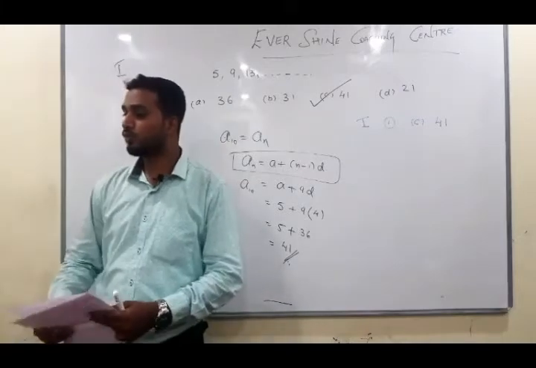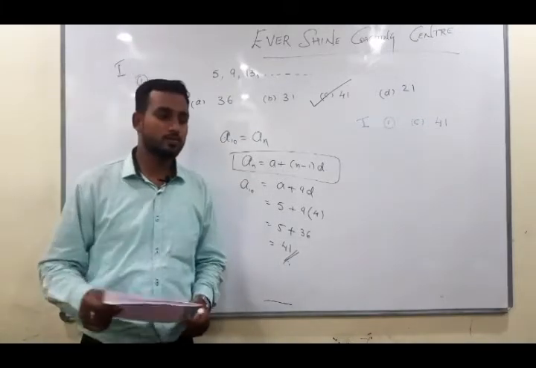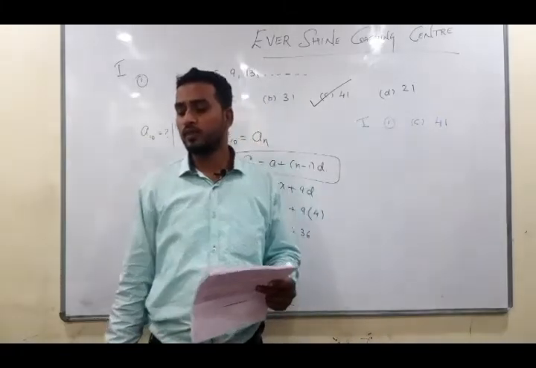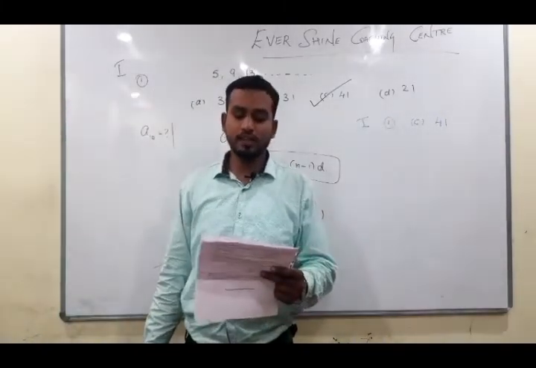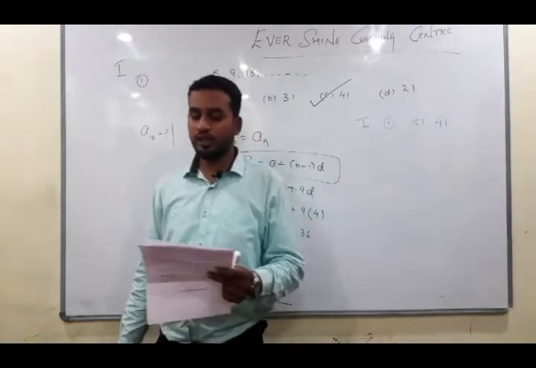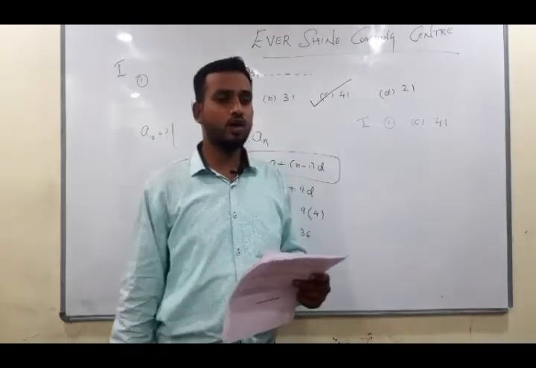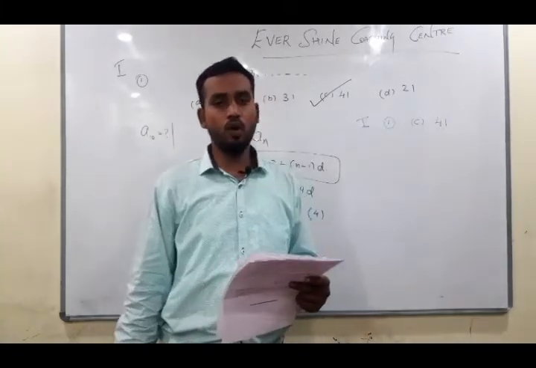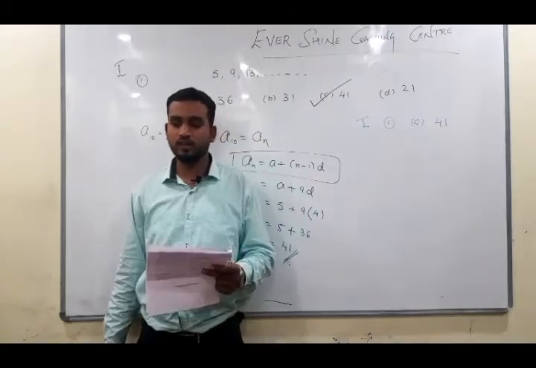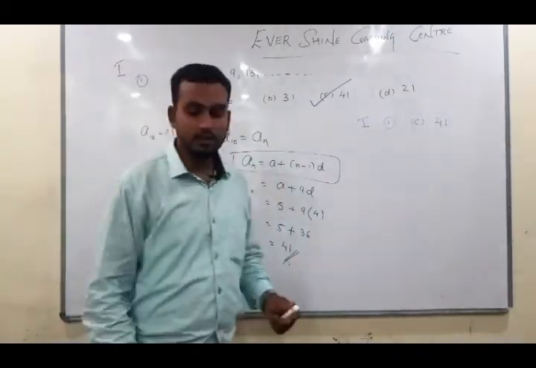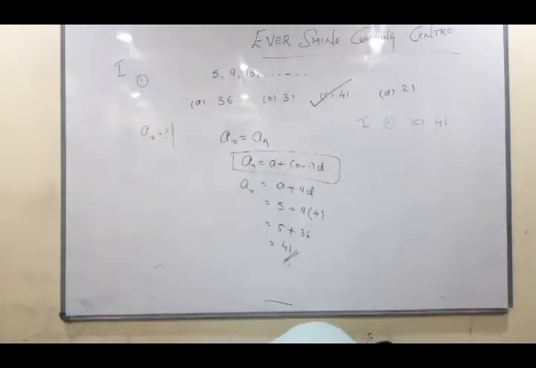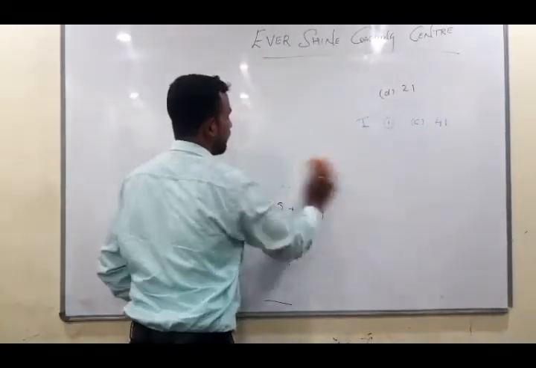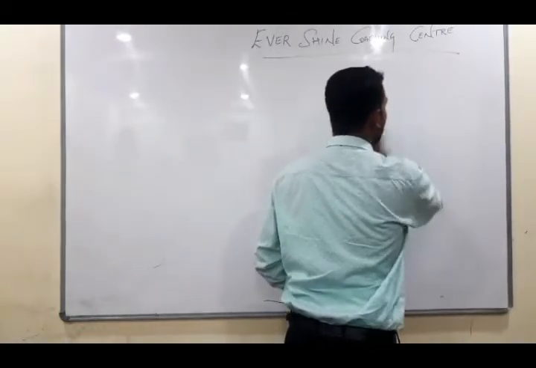Question number 2. The distance between the origin and coordinates of a point x comma y, try to write that in the bracket, of the point x comma y is dash.